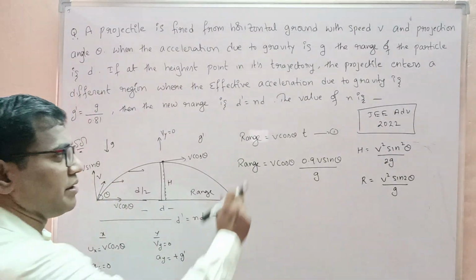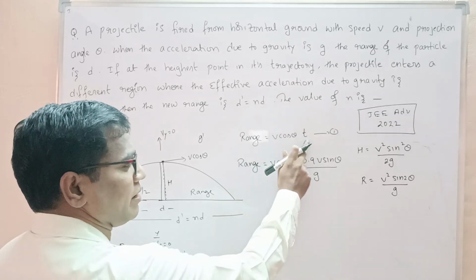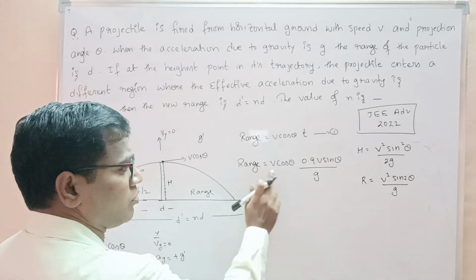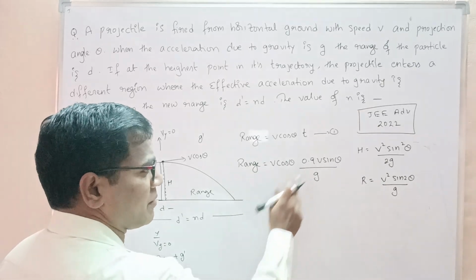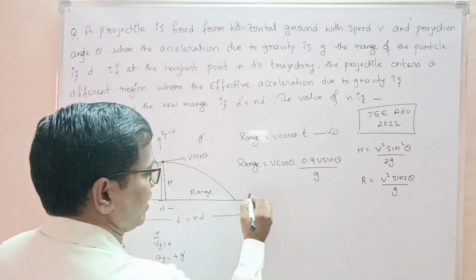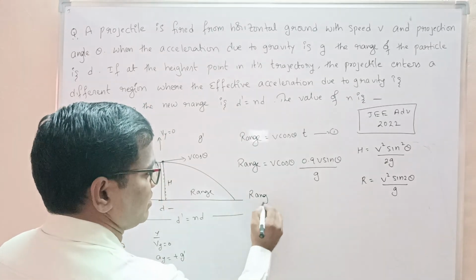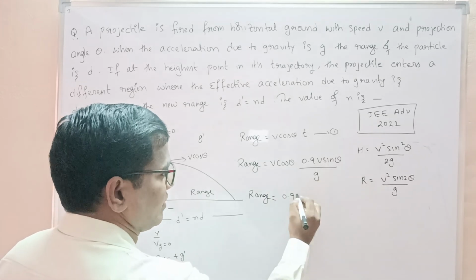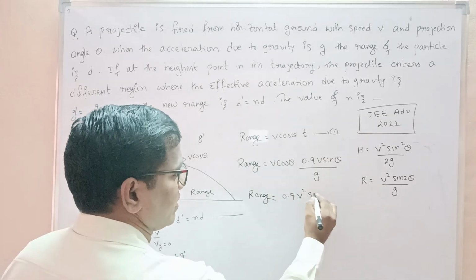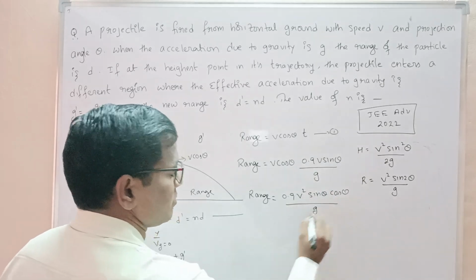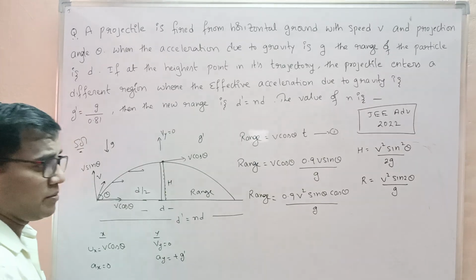See here, range is equal to v cos theta into t. t we already calculated, I substitute here. Range is equal to v cos theta into the t value 0.9 v sin theta by g. So range is equal to 0.9 v square sin theta cos theta by g.